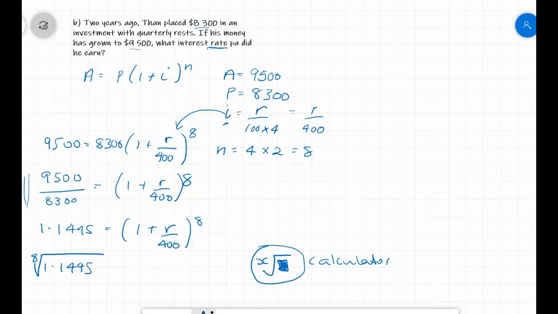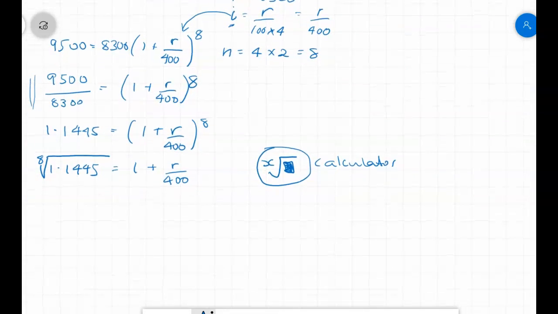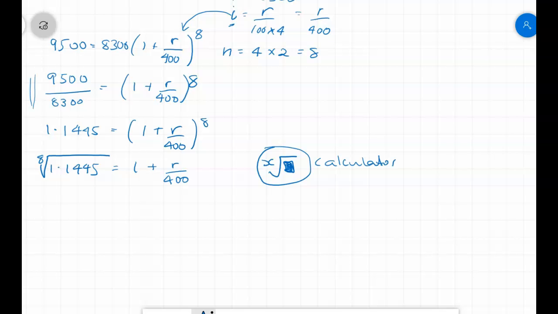So you don't want a square root, you want the 8th root. The 8th root of that is equal to 1 plus R over 400.